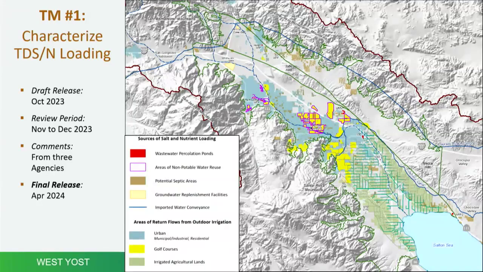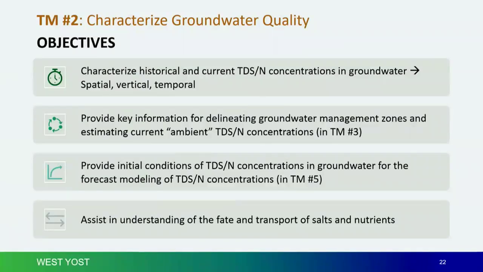Typically in groundwater basins, this is a big source of salt and nutrient loading and needs to be understood, needs to be simulated with our simulation models. So it's a really important part of the dynamics of salt and nutrient loading in the basin. And so we describe that in this technical memorandum too. So that's your high level overview of what's included in technical memorandum number 1.